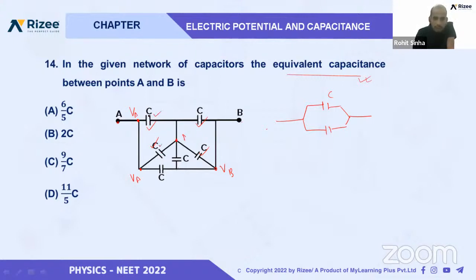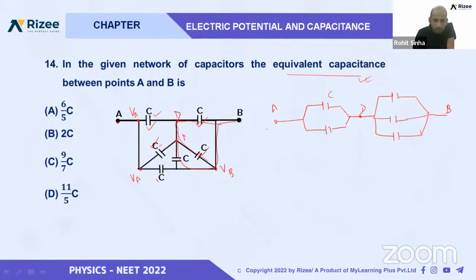These two capacitors are in parallel. I have drawn them here. They meet at point A. Let us assume this meeting point is D. From D, we have three capacitors, one here, one here, and one here, and all are meeting at the same point, that is B. One capacitor is left, this one.